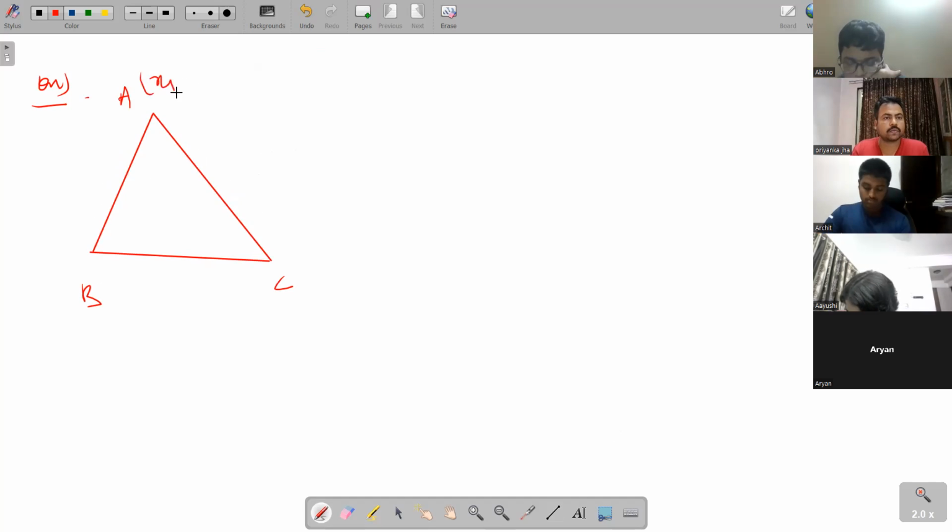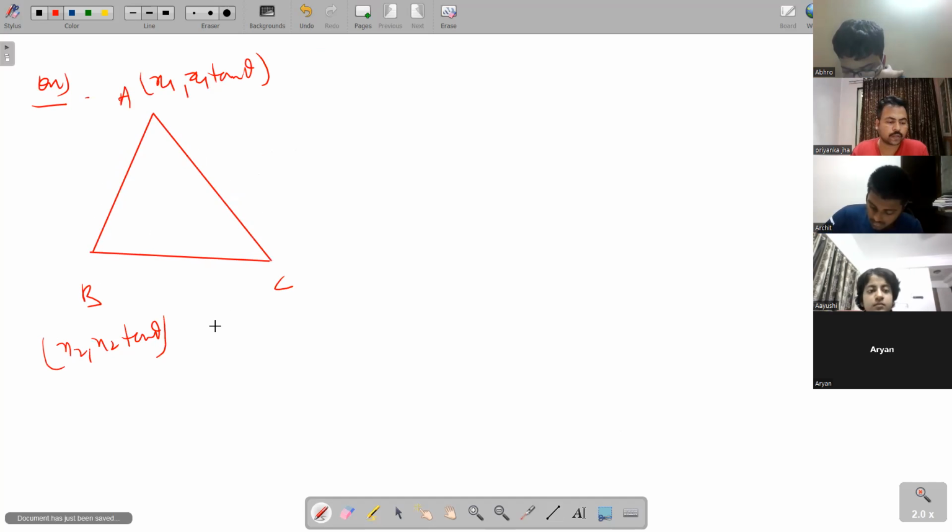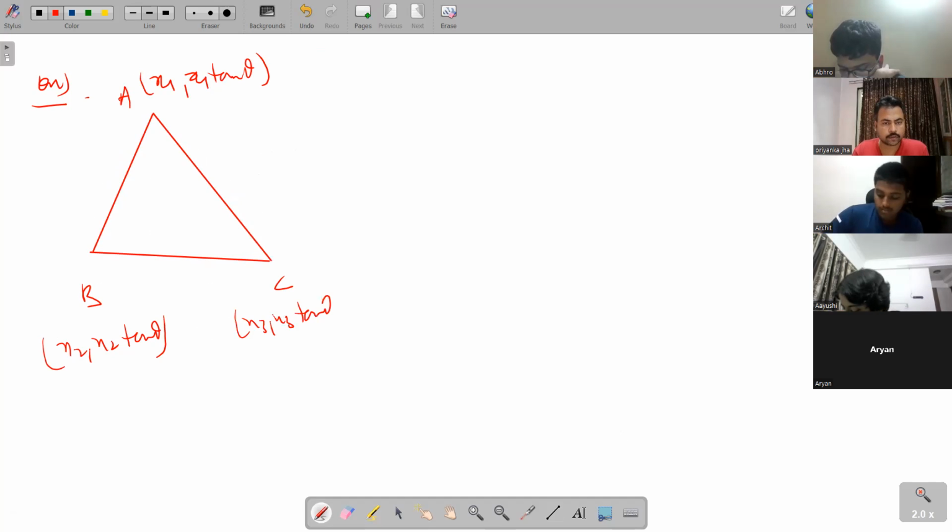Coordinates of vertices are like this: x1, comma, x1 tan theta 1; x2, comma, x2 tan theta 2; and this is x3, comma, x3 tan theta 3. This is theta 2. This is theta 3.